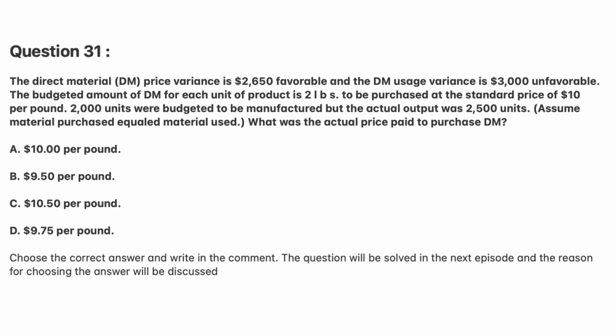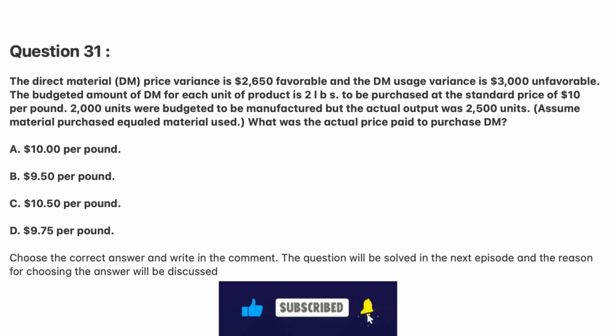Question 31. The direct material, DM, price variance is $2,650 favorable and the DM usage variance is $3,000 unfavorable. The budgeted amount of DM for each unit of product is 2 lbs, to be purchased at the standard price of $10 per pound. 2,000 units were budgeted to be manufactured, but the actual output was 2,500 units.